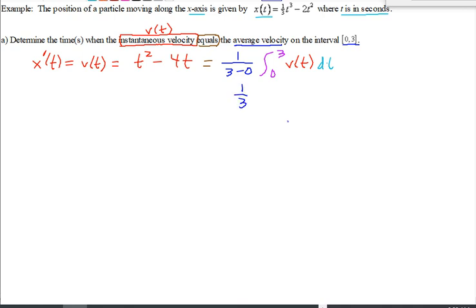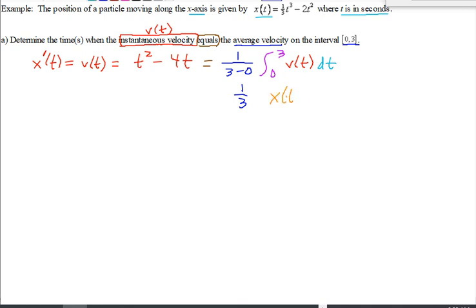But again, we don't actually have to find velocity here, because when you integrate it, I mean, you could put this t squared minus 4t here, we actually found it already, and actually integrate by hand. But it's probably a little easier to just remember that when you integrate velocity, you get back position.